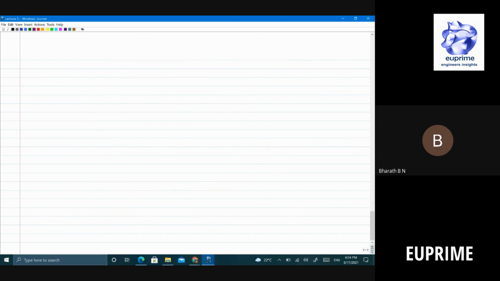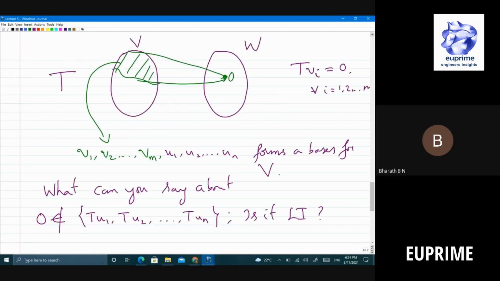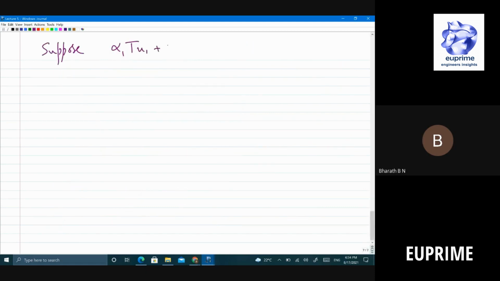Now, suppose alpha 1 T u1 plus alpha 2 T u2 plus alpha n T un equals 0.